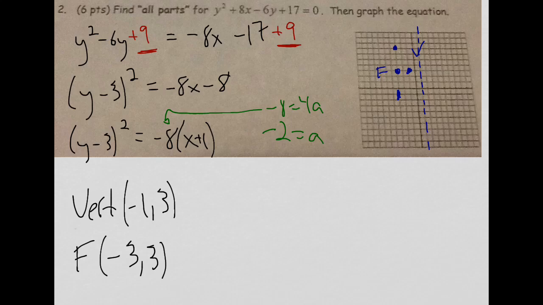I know that, just real quickly, the parabola is going to go like this. And I know that, remember the whole equidistant thing, the points on the parabola are equidistant from the directrix and the focus.